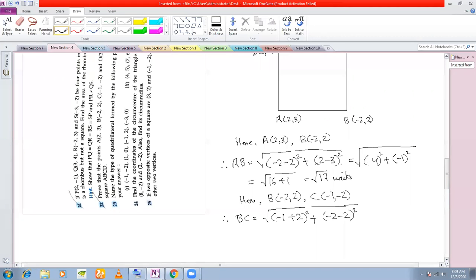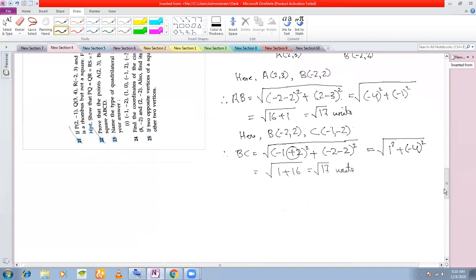See that there's a minus 1 here and there's a minus 2 here. So minus minus combine to give you a plus sign. This is root over of (2 - 1) which is 1 square plus (-4) square. So again this comes to 1 plus 16, which is root 17 units. So BC is also root 17 units.